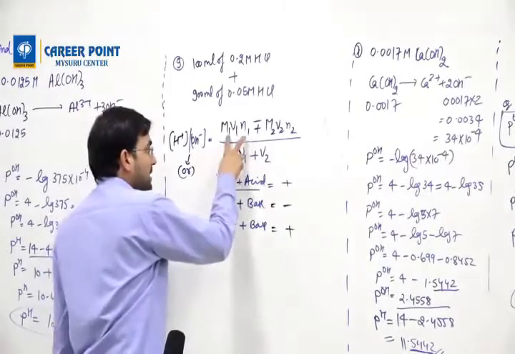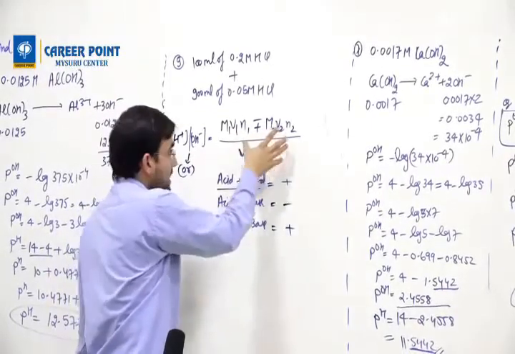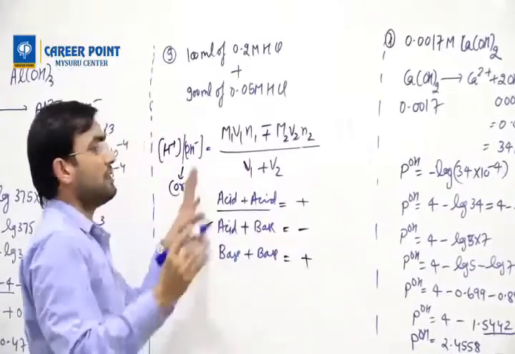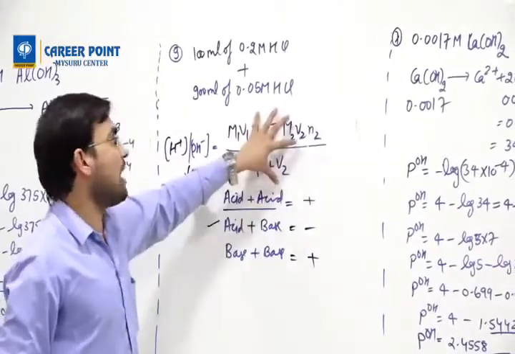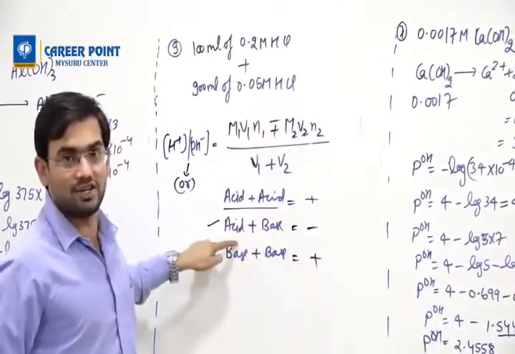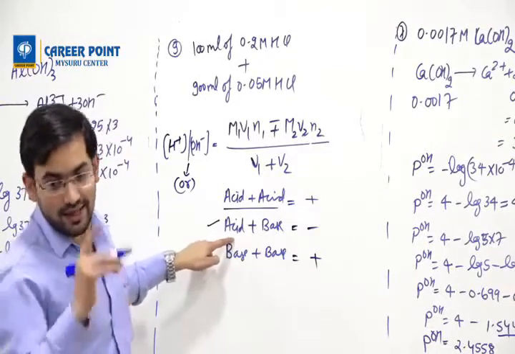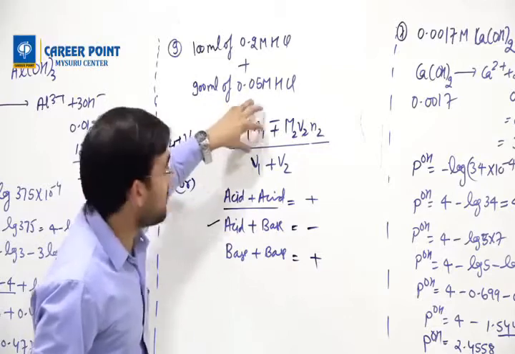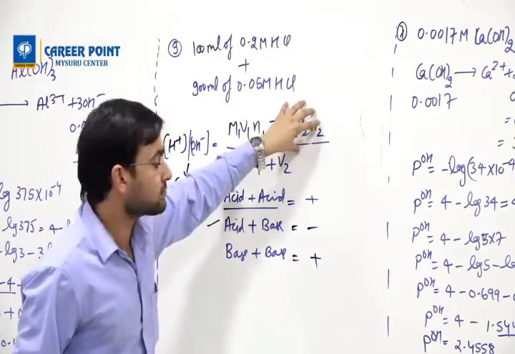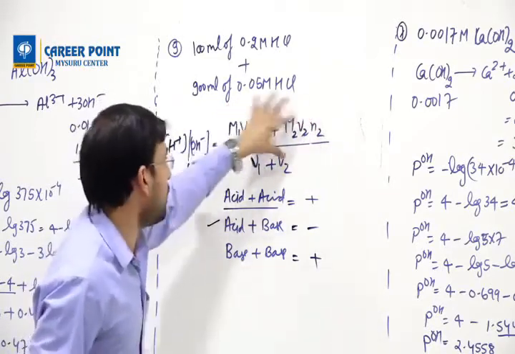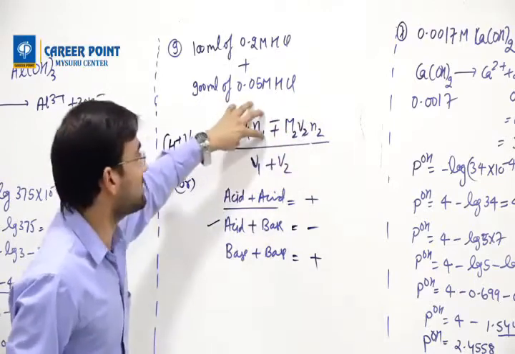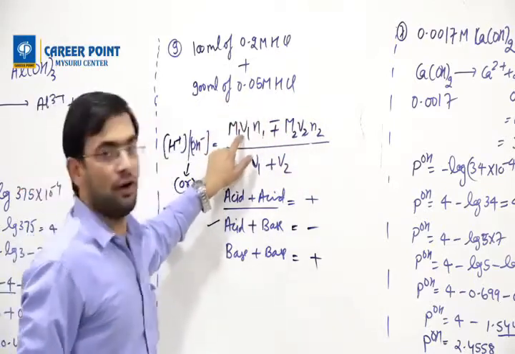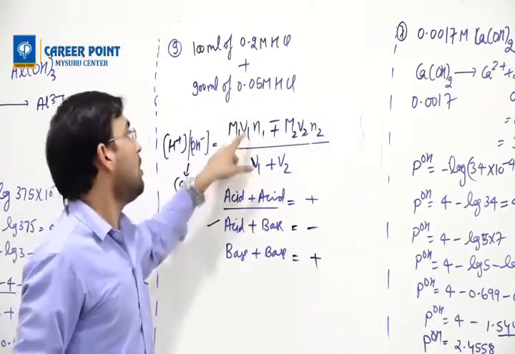On solving with this condition, if the value comes positive in the acid and base condition, it means this is a positive value and this is a negative value, so the first one is greater. Then think, did you write this value for acid or base?